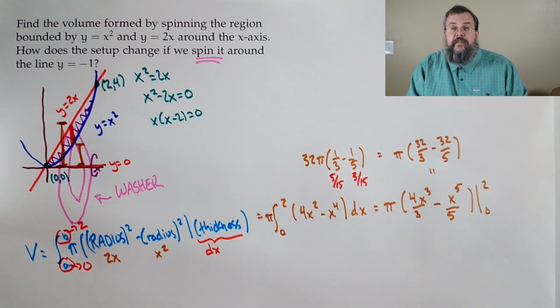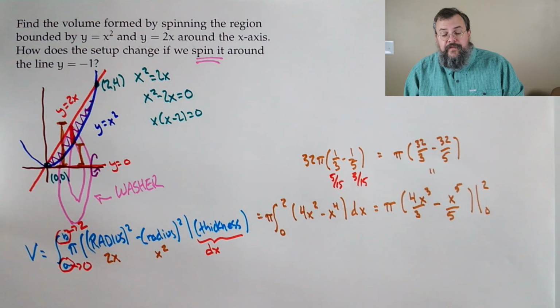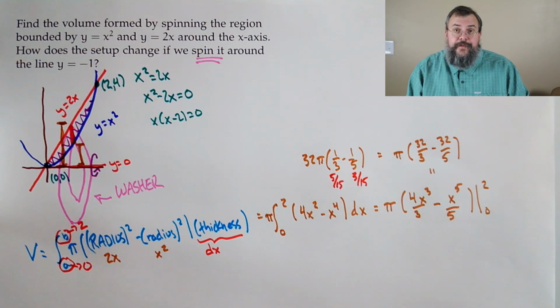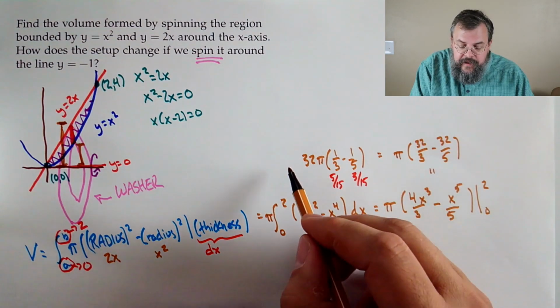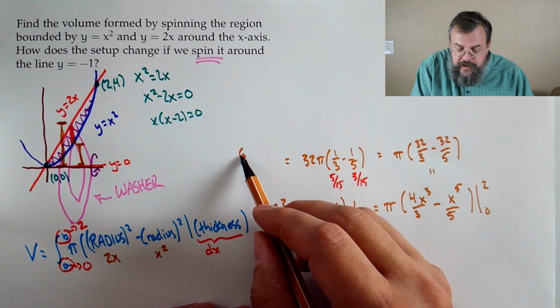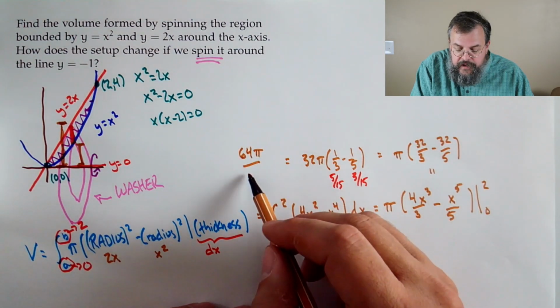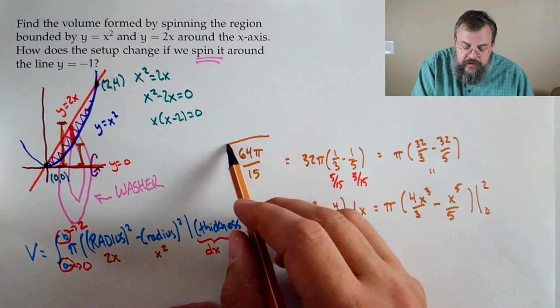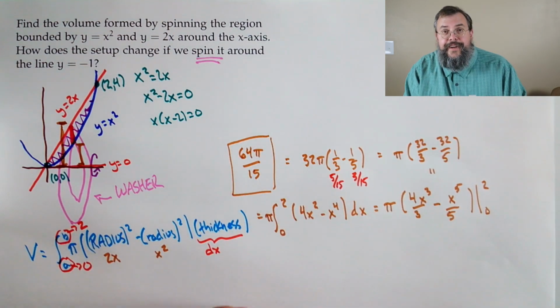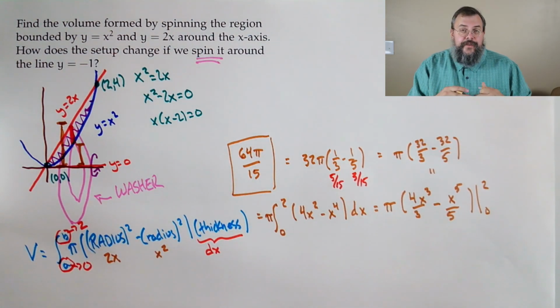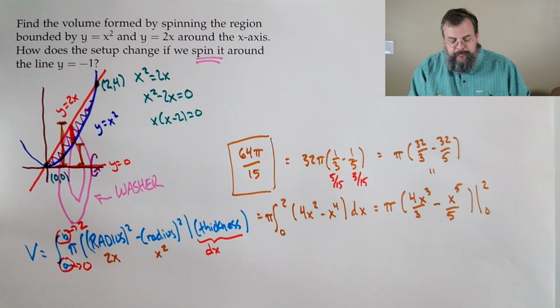So 5/15 subtract 3/15 would be 2/15. Well, 2/15 times 32 would give us 64 pi over 15. Now, 64 does not have anything in common with 15, so that's as simple as it gets.